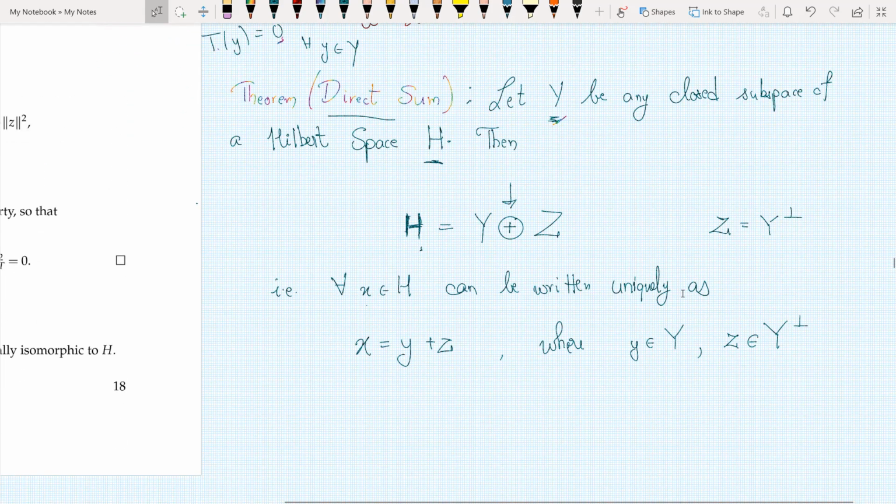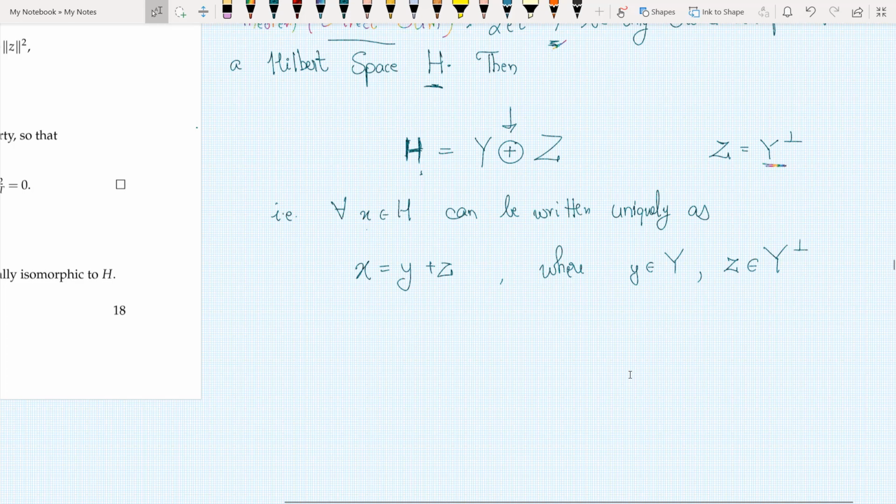The next thing is the projection theorem. Let Y be any closed subspace of a Hilbert space H. Then I can write my Hilbert space H as Y direct sum Y perp, where Y perp is the space which is perpendicular to my space Y. What do I mean by this notation?